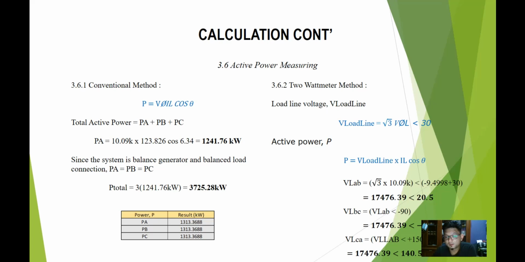For the voltage load line for phase B, the magnitude is the same but the angle is different, negative 99.5. And lastly, for the phase C voltage load line, the angle is 140.5.